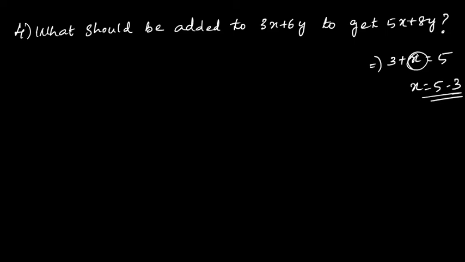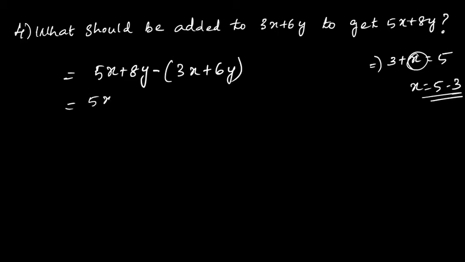So what you should do here, subtract 3x plus 6y from 5x plus 8y. So we'll get 5x plus 8y minus 3x plus 6y. So remove the bracket, you will get 5x plus 8y minus 3x minus 6y.